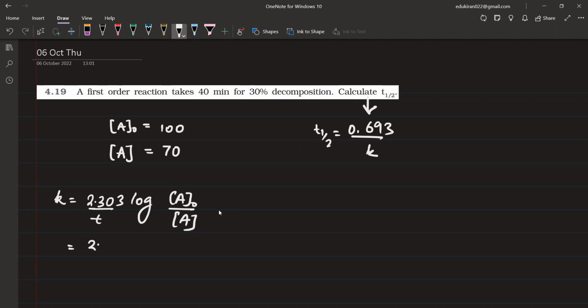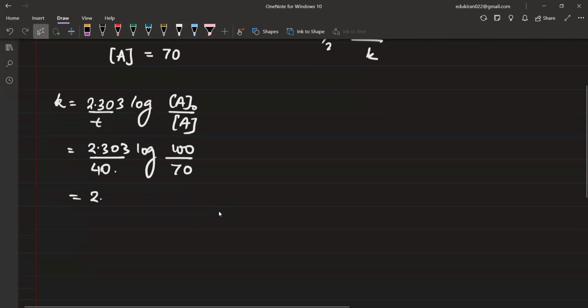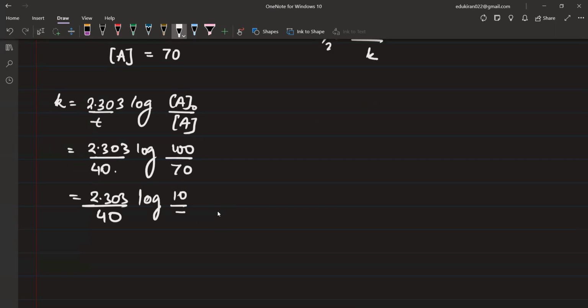Okay, so this will be equal to 2.303 divided by the time. The time is 40 minutes. So we'll just write 40 and log of 100 upon 70. So this will be 2.303 divided by 40 log of 10 upon 7, right?